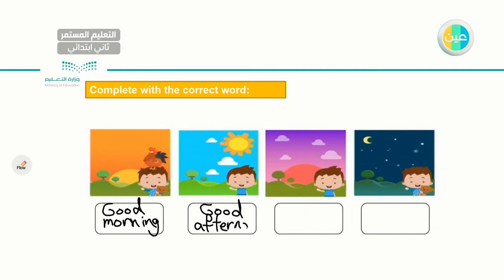Good afternoon. Very good. Next one I have is good evening. And the last one I have is good night. Very good. Good night. Okay, let's go to the next one.